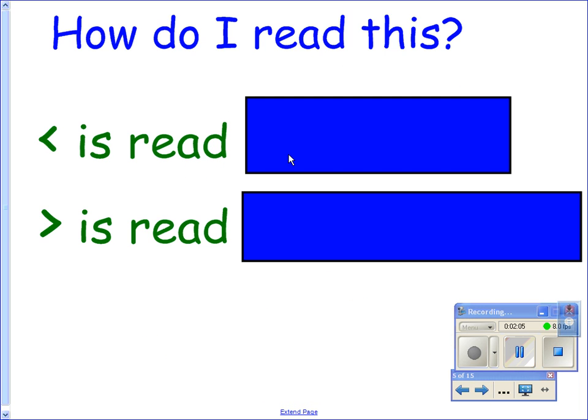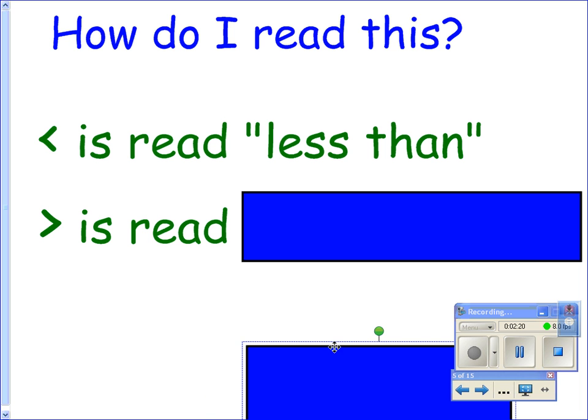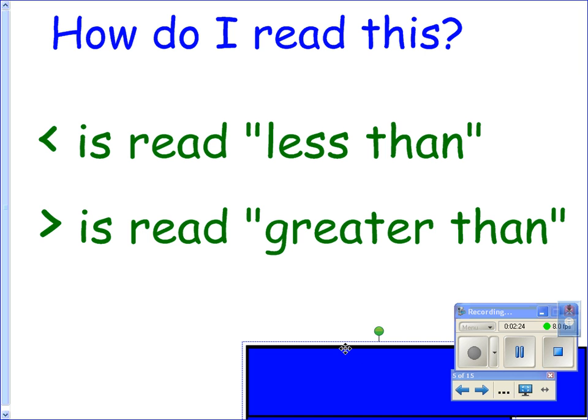So we're going to be comparing and ordering integers today. Remember these signs from 6th and elementary school. When the caret is pointing to the left, that is read as less than. When it's pointing to the right, it is read as greater than.